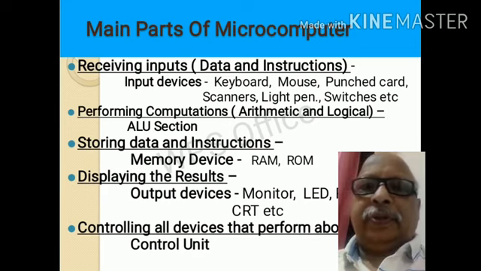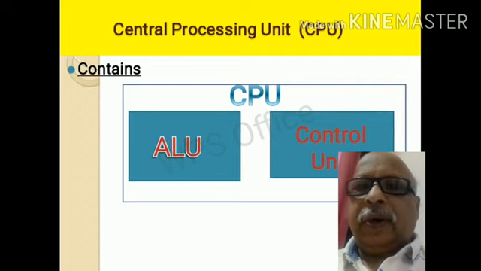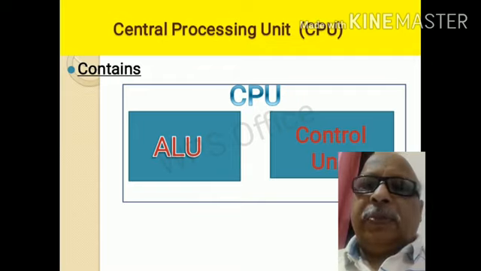These two main parts, the ALU section and control section, are combined together, and we call that the CPU, the central processing unit. This is the main part of the computer, and the microprocessor is nothing but this CPU.